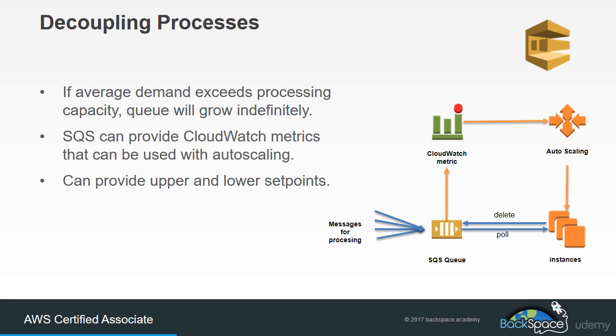That can also allow us to have upper and lower set points, so that when our queue gets hit by a large amount of demand and it grows to a significant size, that will trigger a CloudWatch metric that will then alert our auto scaling group to add more instances. With our lower set point, when that is reached, it will do the same thing, but in reverse. The auto scaling group will start to terminate instances and reduce our capacity to save costs.